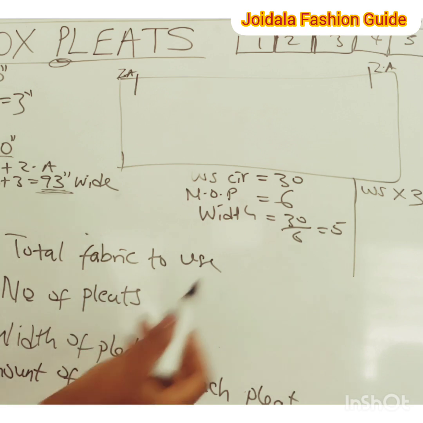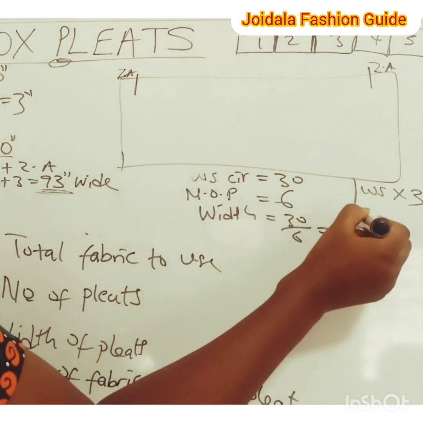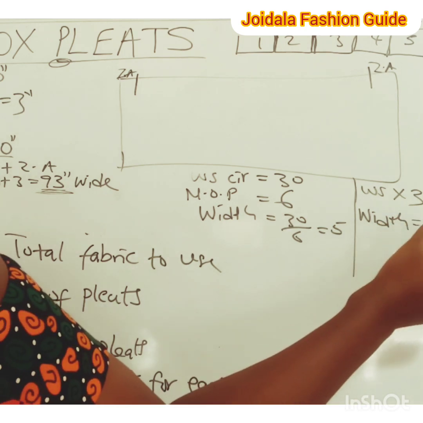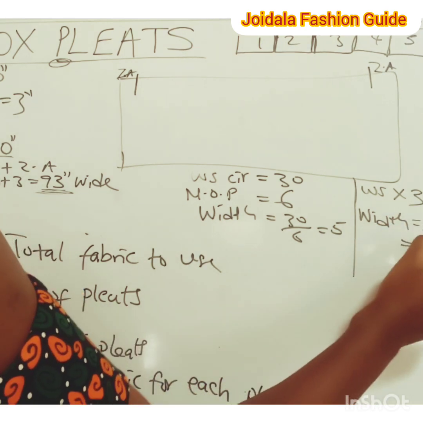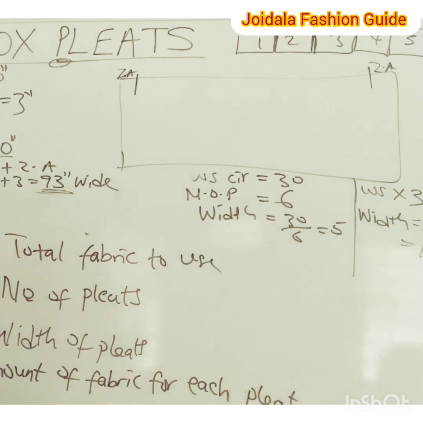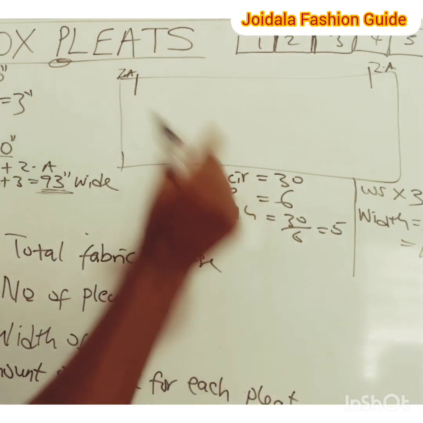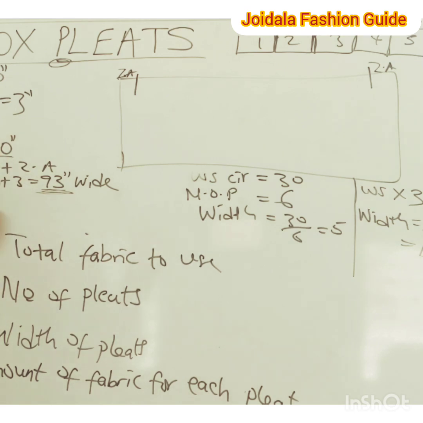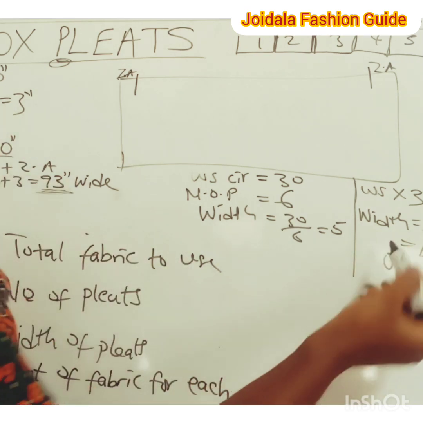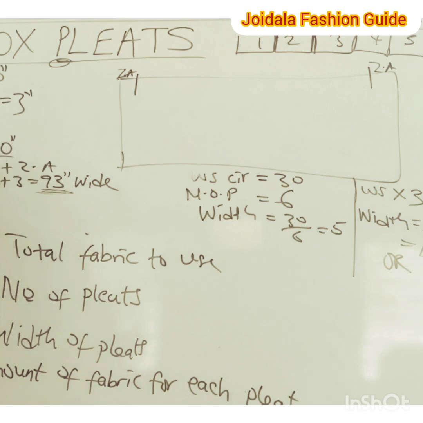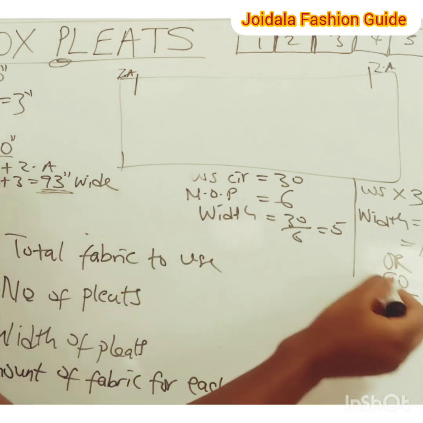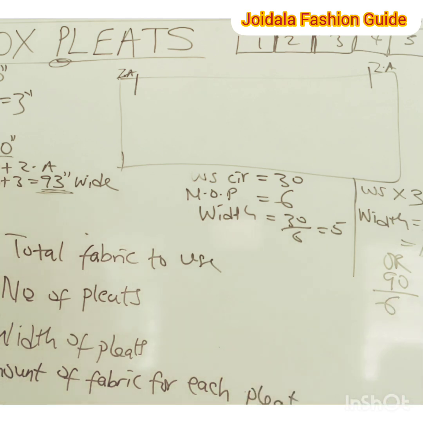Okay, so that means the width of the fabric now will be 5 times 3, which is 15 inches. So for each pleat, I need 15 inches wide of fabric. If I don't want to do it like this, I'll simply divide 90 by the number of pleats.